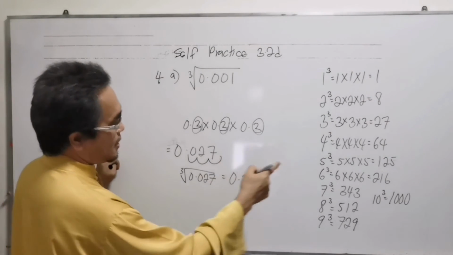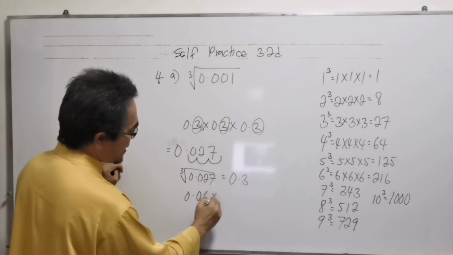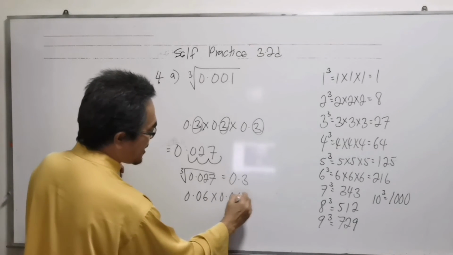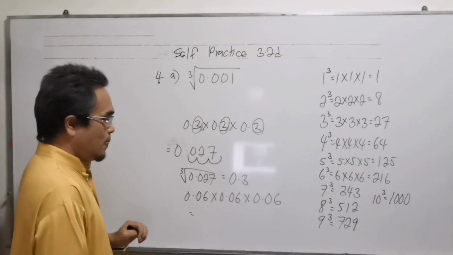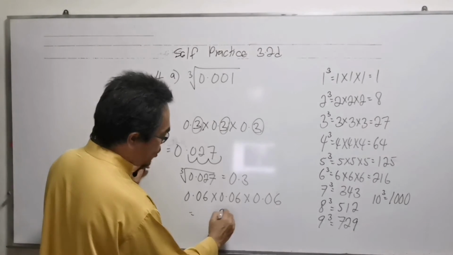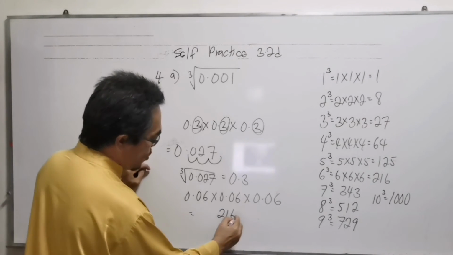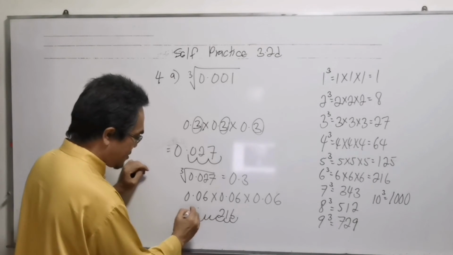For example, if you have 0.06 times 0.06 times 0.06. If you use a calculator, you will get 216, but 1, 2, 3, 4, 5, 6 dot.